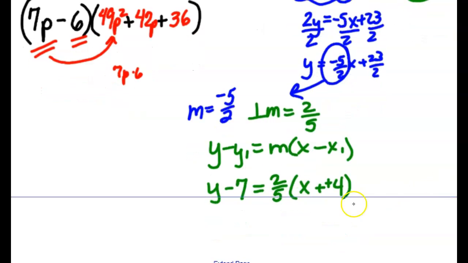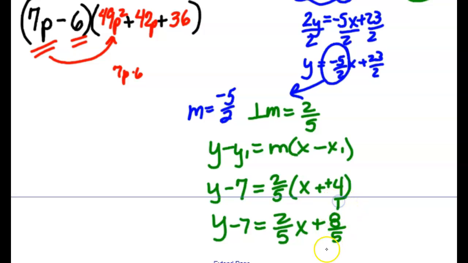Okay. Y minus 7 equals, if we had to distribute, if we're trying to get a different form, we would distribute. Remember, this is a 4/1. If it wanted slope-intercept form, we would need to add the 7 over there.